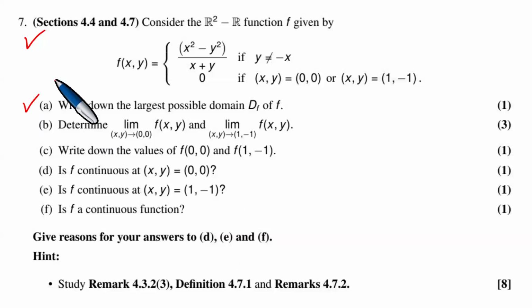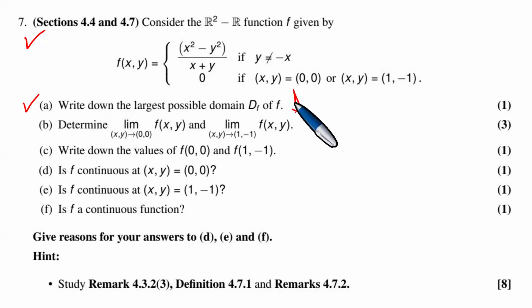Looking at part A, the largest possible domain is going to be the following. We can see that the function has the denominator x plus y, so we must take care of that part.